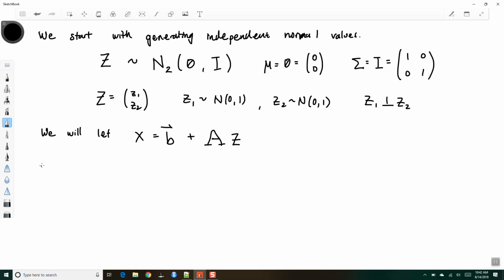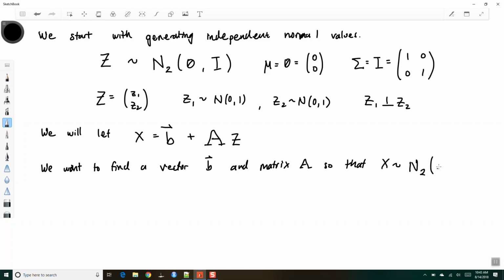And then so we want to find a vector B and matrix A so that X will come from a bivariate normal with mean mu vector and covariance matrix sigma.